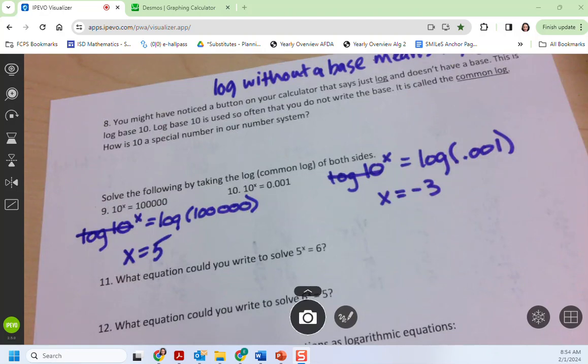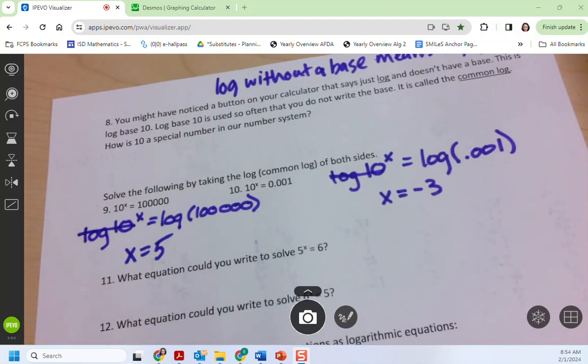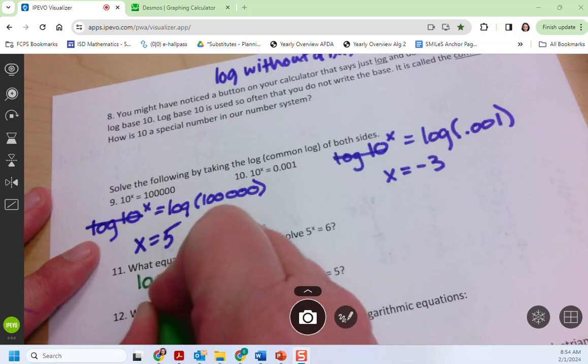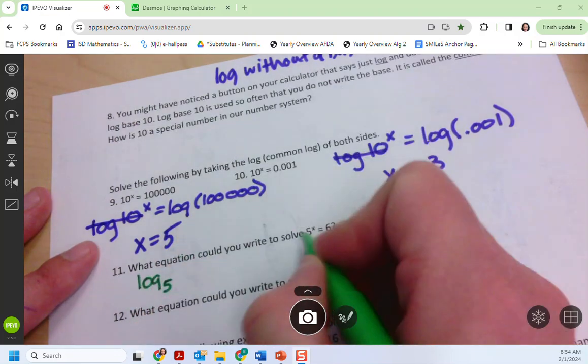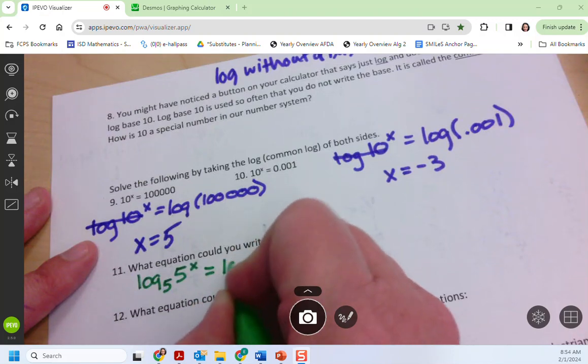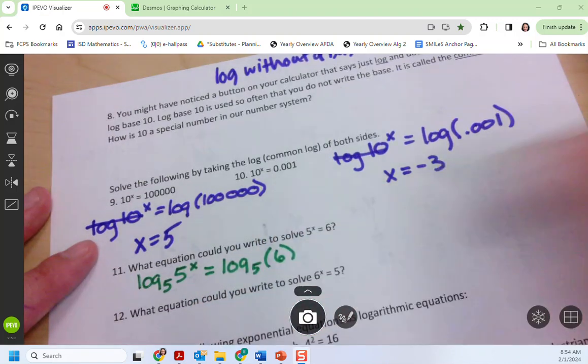Remember, the base is under the exponent. So in number 11, which of those numbers is the base? It's 5. Good. All right. So that means we're going to do a log base 5. So log base 5 of 5 to the x equals log base 5 of 6.